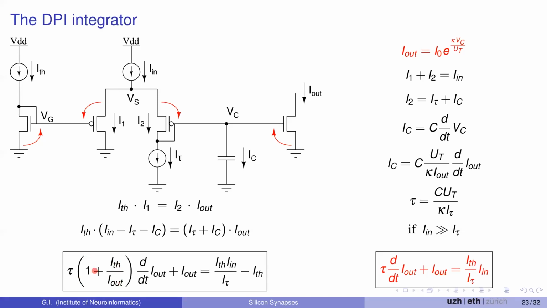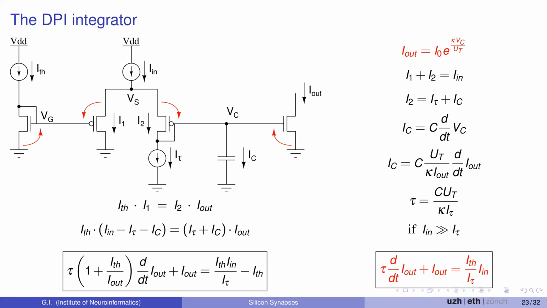So this circuit is a very good approximation of a first order linear differential equation, provided I out is greater than I threshold. And this is true as soon as you start to integrate. This is true for large I outs.